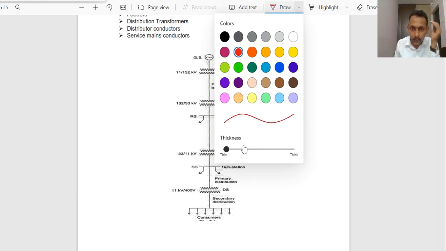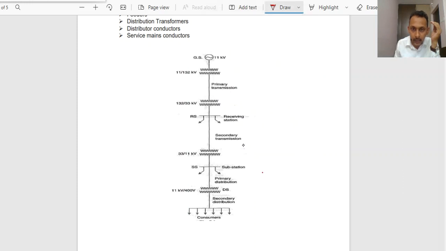Up to here, this part of the area we can consider as secondary transmission, and from this substation area to the distribution substation part, this will come under the primary distribution, where the 33 kV voltage will be stepped down to 11 kV.